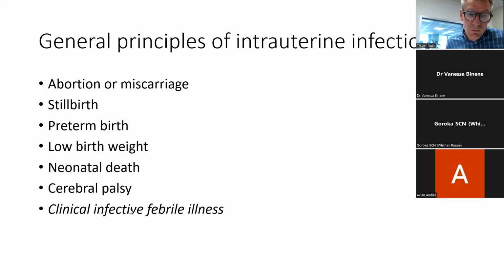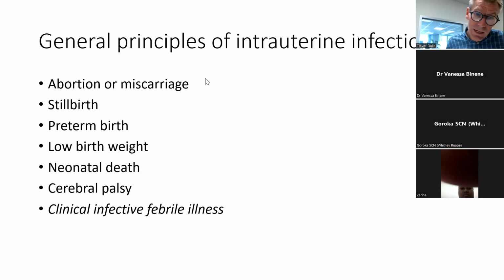While a febrile neonate, or a newborn baby with a fever and a rash, makes us think of some intrauterine infection, there are a lot of other consequences of these infections affecting newborn babies and the fetus, including high rates of abortion or miscarriage, and high rates of stillbirth. Many of these infections cause preterm birth or intrauterine growth retardation. There are high rates of neonatal death and high rates of cerebral palsy and microcephaly.